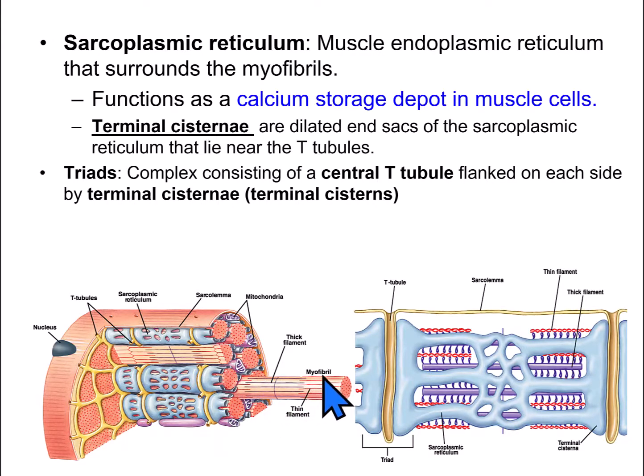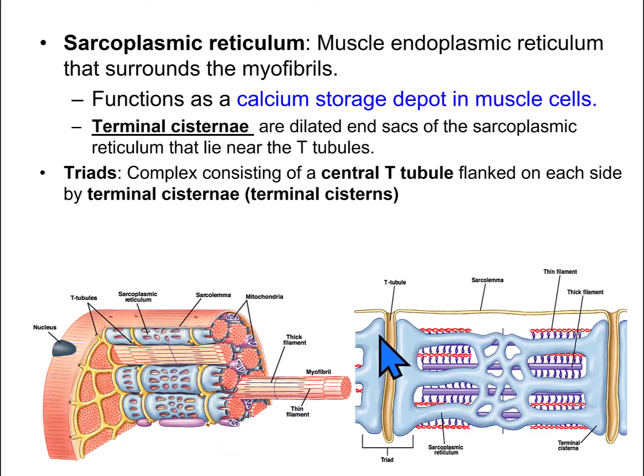Here's a myofibril. Remember, a myofibril has thick and thin myofilaments. The sarcoplasmic reticulum has these structures at the ends, which are right up against the T tubule. So here's a sarcoplasmic reticulum, and it has a dilated end sac here and a dilated end sac here. And we call these dilated end sacs terminal cisterns or terminal cisternae.